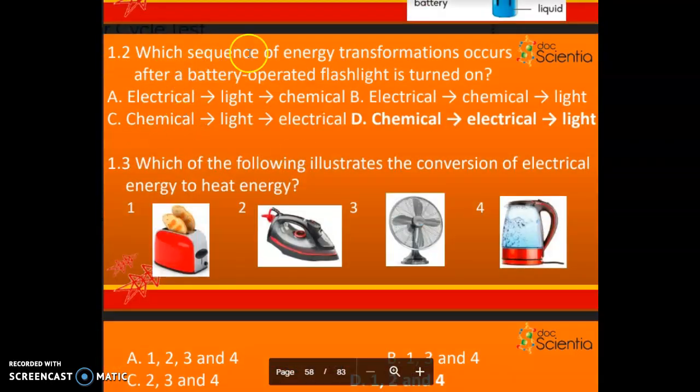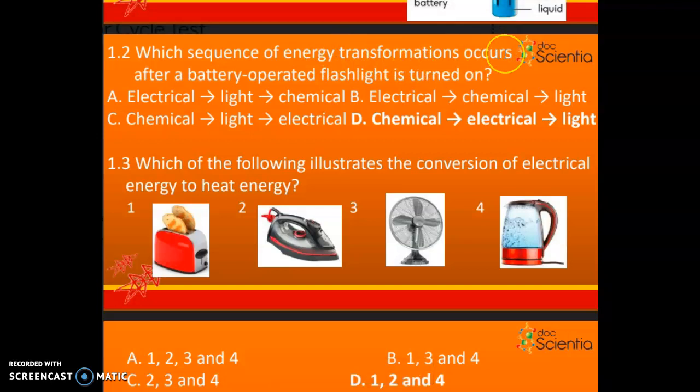1.2. Which sequence of energy transformations occurs after the battery-operated flashlight is turned on? A. Electrical becomes light, becomes chemical. Or B. Electrical becomes chemical and then becomes light. Or C. Chemical becomes light and then electrical.